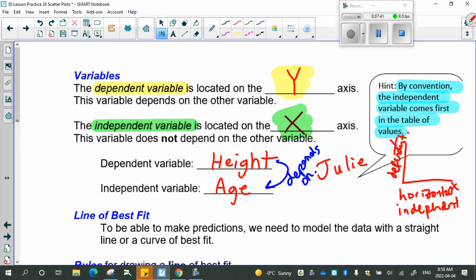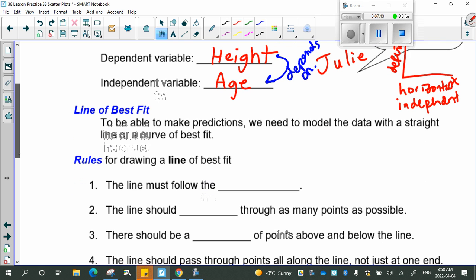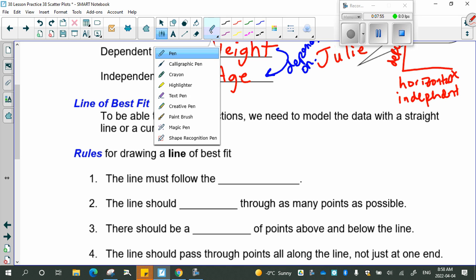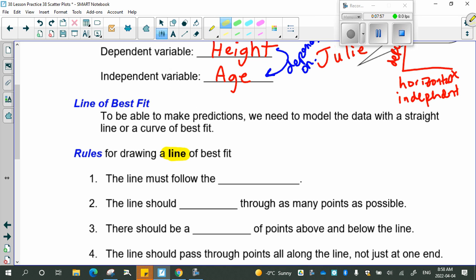All right, so the line of best fit. To be able to make predictions, I need to model the data with a straight line or a curve of best fit. Okay, so here are the rules for drawing a line of best fit, because in this grade, we focus mostly on lines, as evidenced by how long unit 4 has to do.